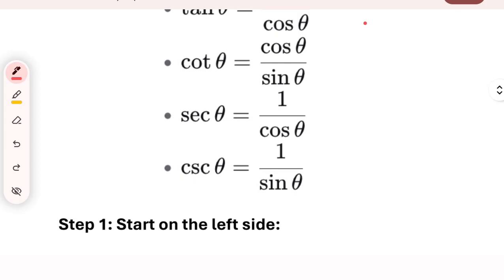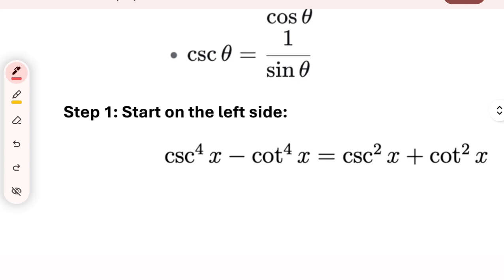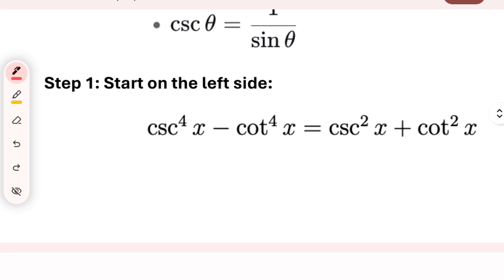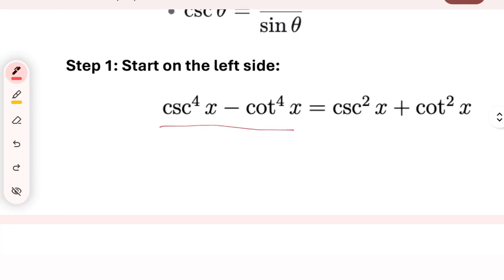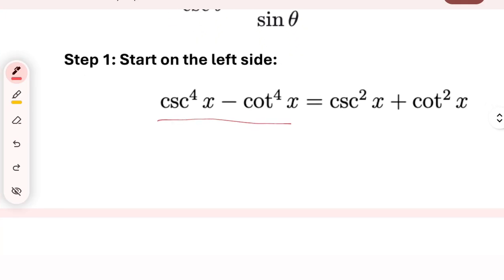But if you can think of other identities to replace, for example, tangent or cosecant, with sine and cosine, then do that. So step 1 is to start on the left side. This is our left side, and that's the right side.